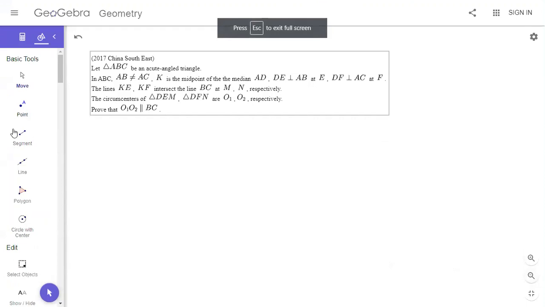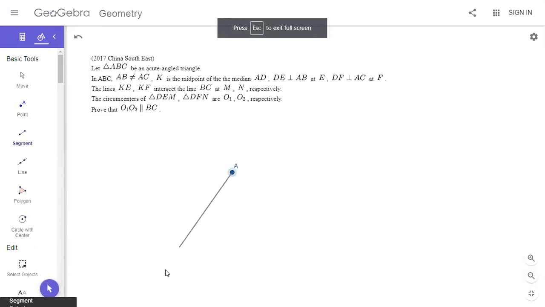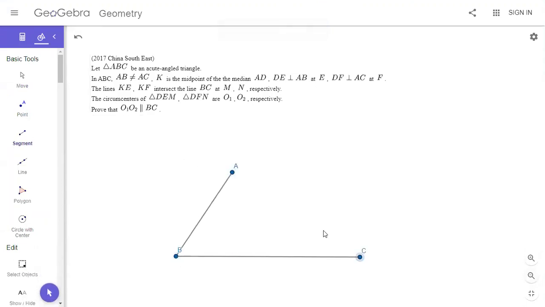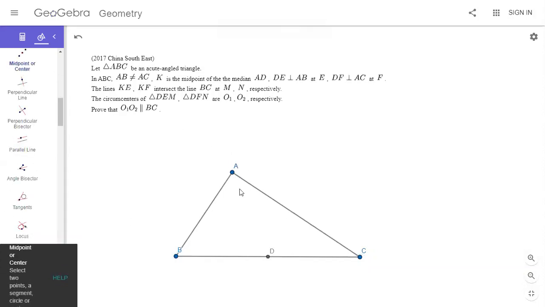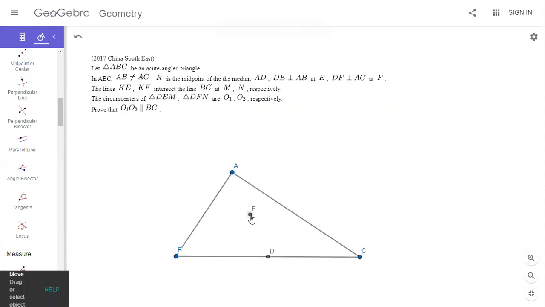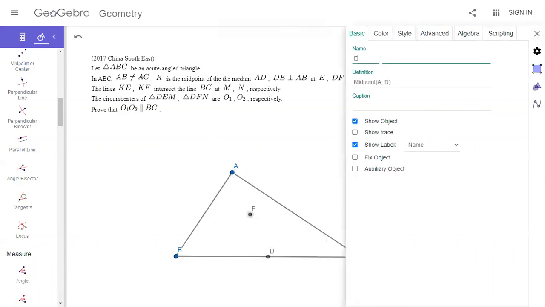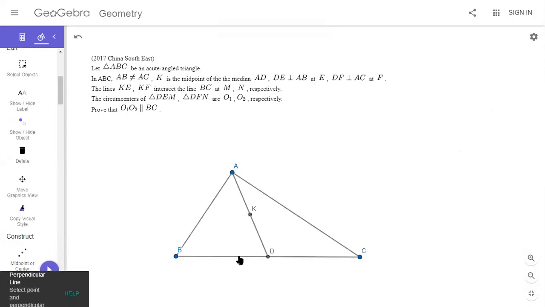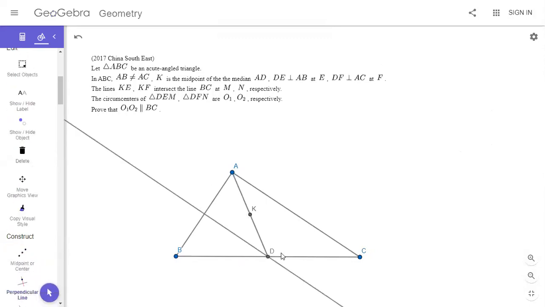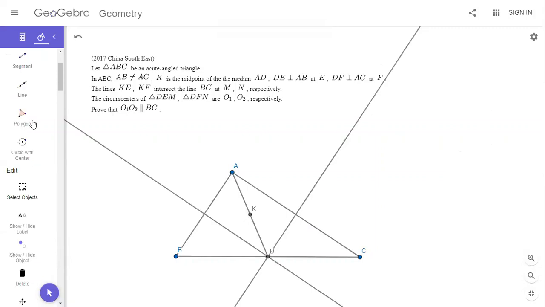Oh, this one looks kind of interesting. All right, so we have a triangle ABC. We draw the median AD, and then K is the midpoint of that. And then DE is perpendicular to AB, and DF is perpendicular to AC.